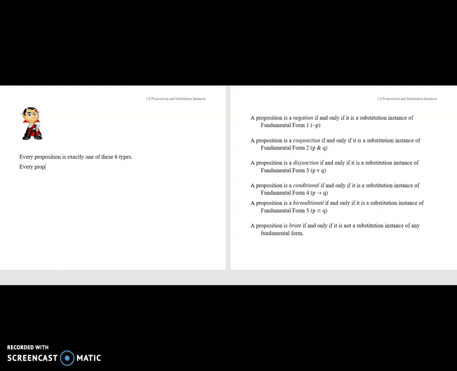Every proposition with at least one connective is exactly one of these 5 types, where I'm excluding this now. Okay, so this is true. Every proposition with at least one connective is exactly one of these types.